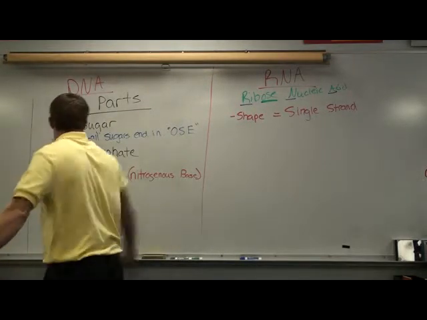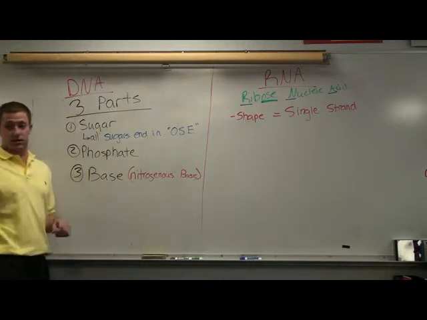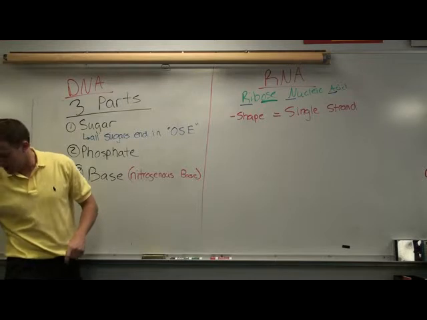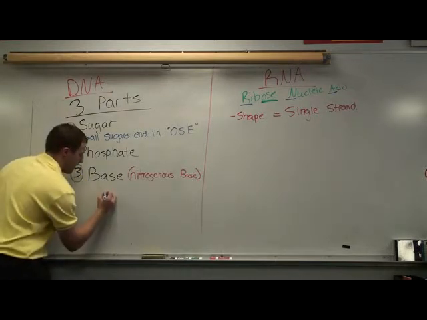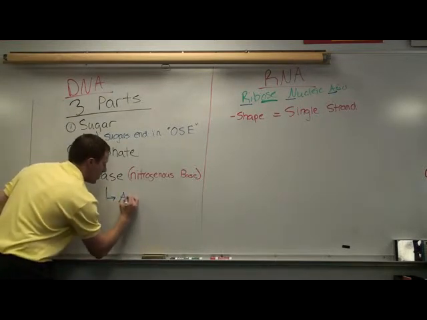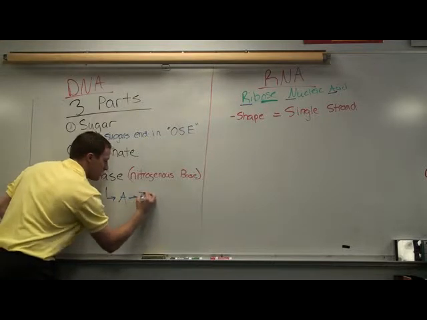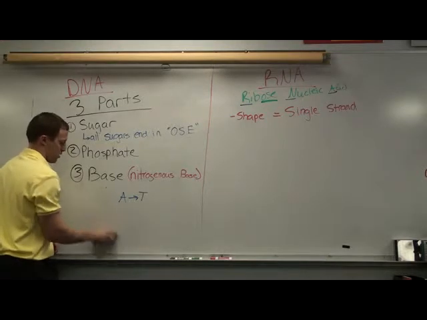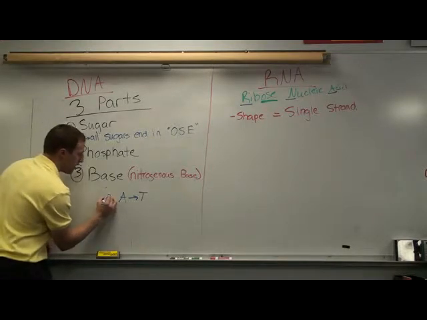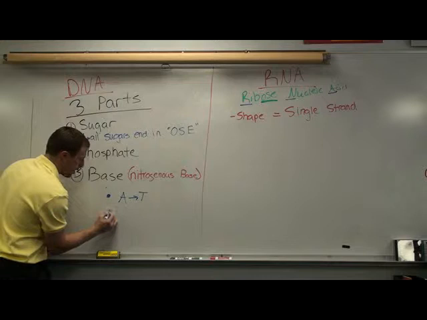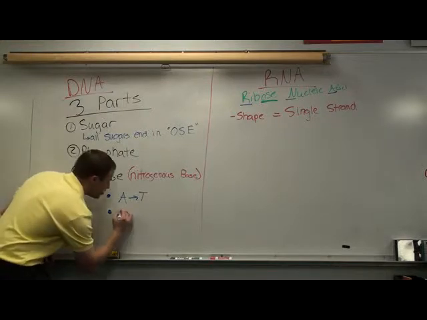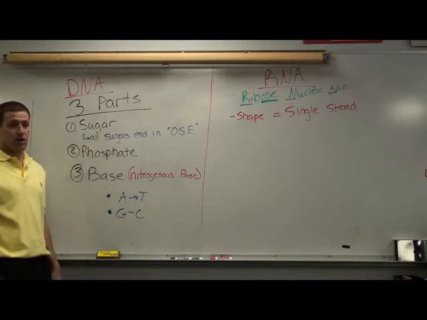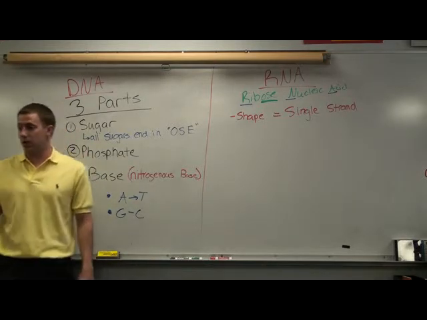Okay, so what we've got now, there's 4 bases. We've heard of these letters. A always pairs with T. A always pairs with what? T. G always pairs with C. You've got to get that memorized because that will be on the test.